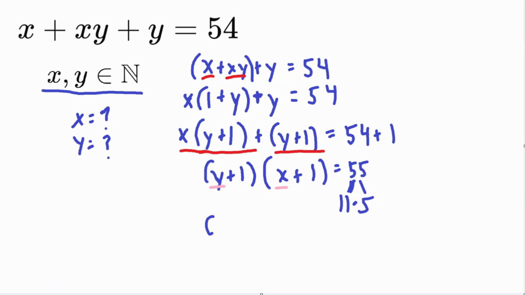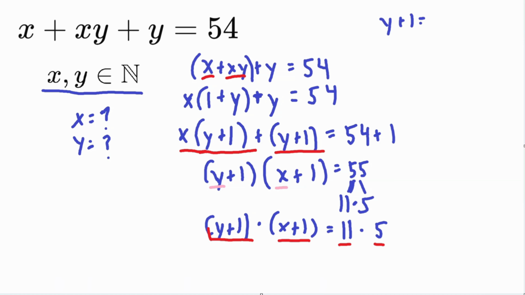So if y plus 1 times x plus 1 is equal to 11 times 5, we can conclude that y plus 1 is equal to 11 and x plus 1 is equal to 5. So to find our variables now, we simply write out y plus 1 is equal to 11. To solve for y, we just subtract 1.